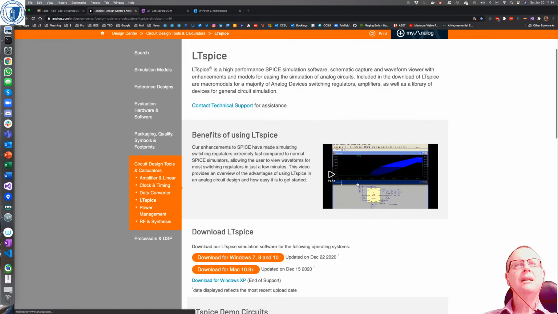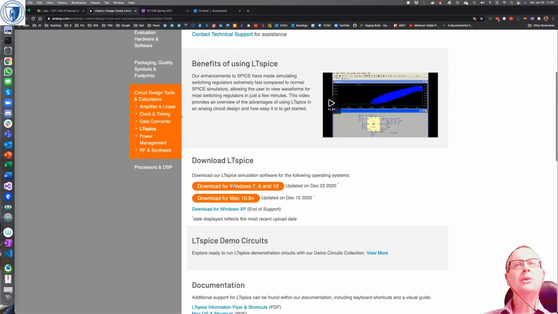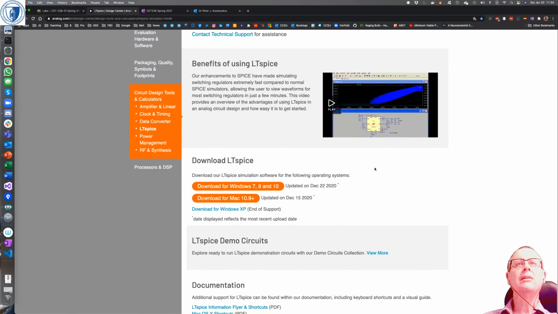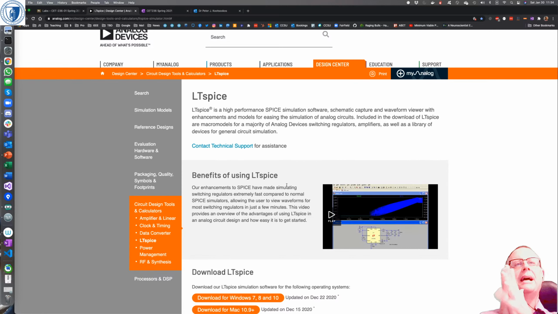Okay, and you should be able to download either the Windows version of LTSpice or the Mac version of LTSpice if you want to. I think I've got it. Where's it gone? LTSpice, there it is. So you can feel free to download that and run it on your local machine.